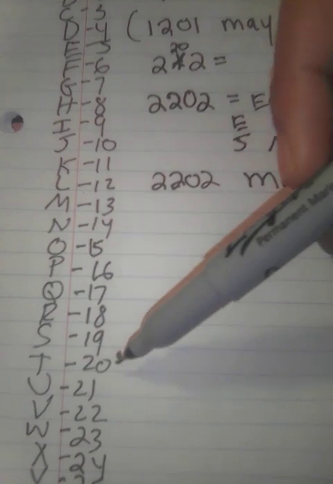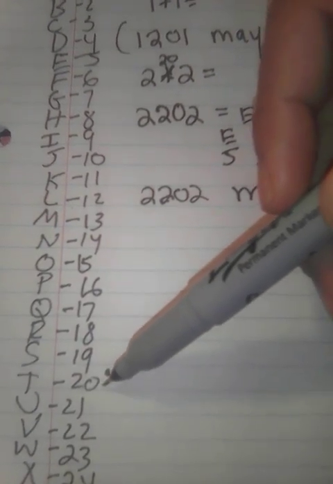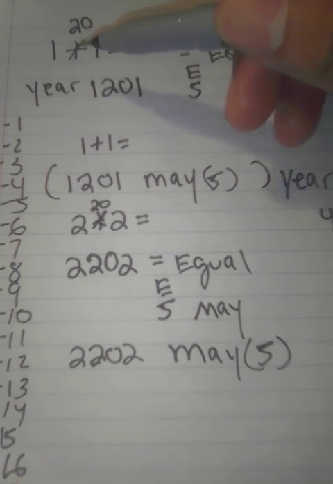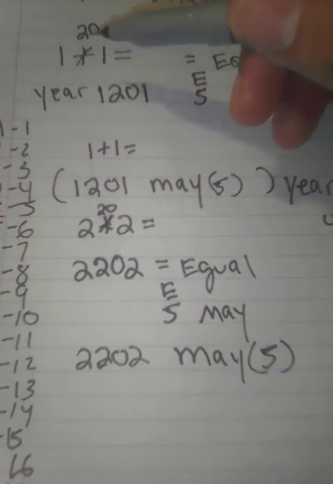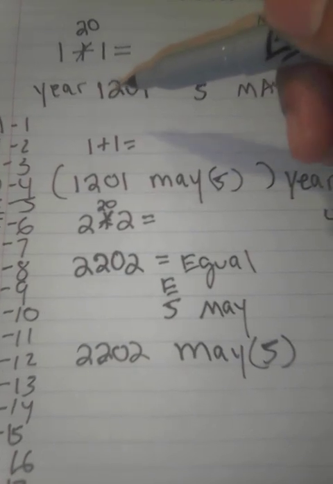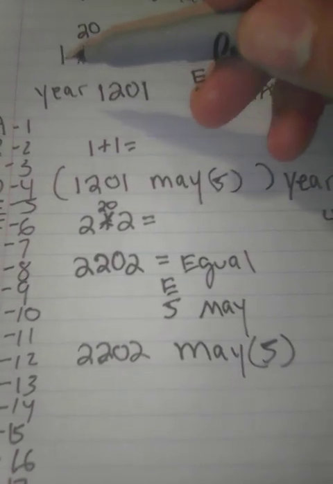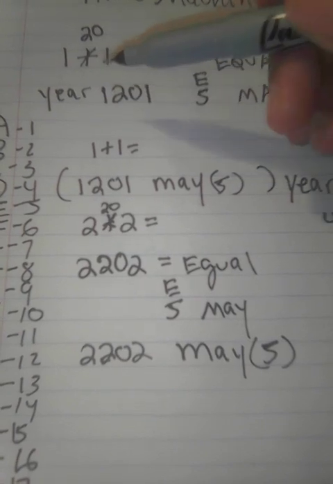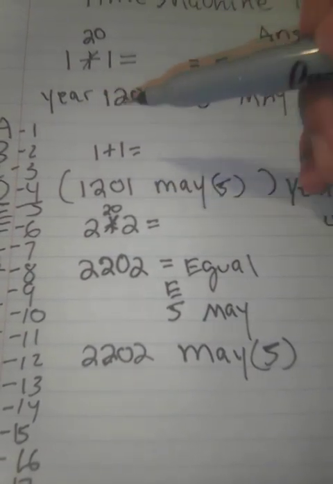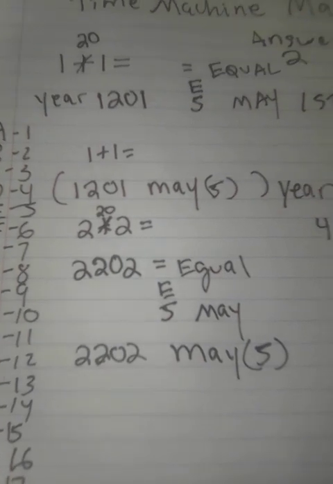Look for the letter T on the alphabet. And I replaced the plus sign with the letter T, and I crossed that out and replaced it with 20. And I dropped it down, okay, next to the 1 right here. So we got 120, and I dropped the other one. So now if we read this in years, we have the year 1201, okay?